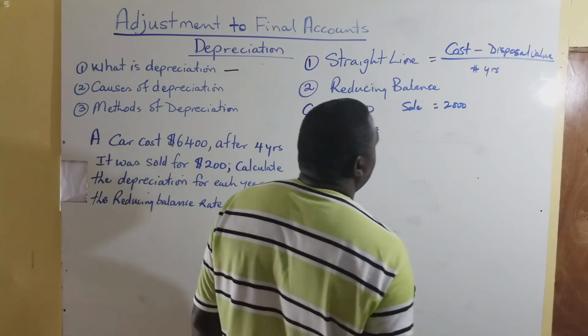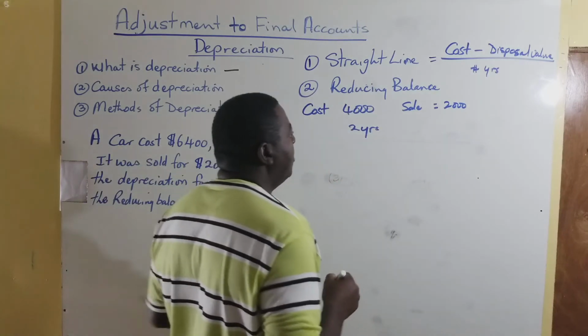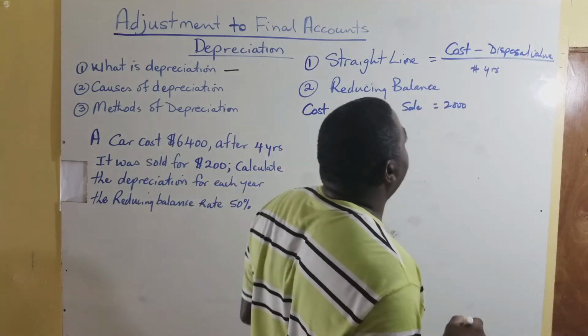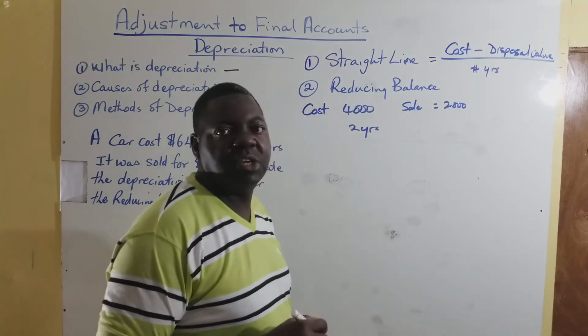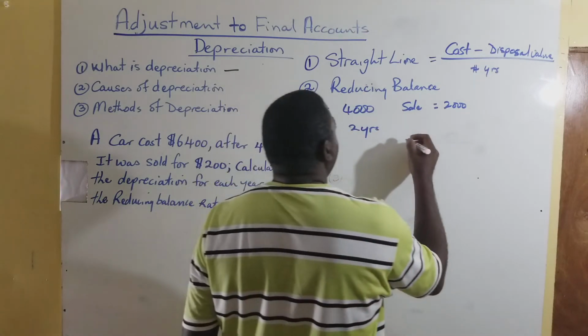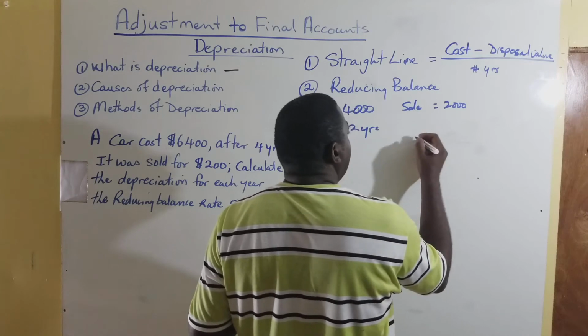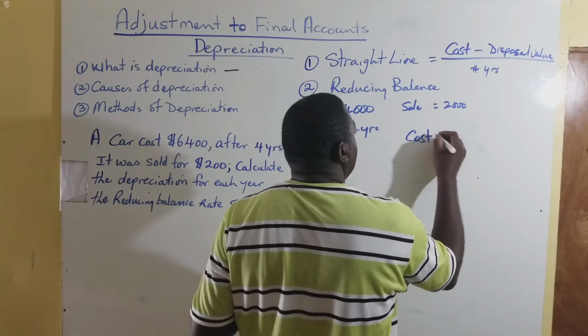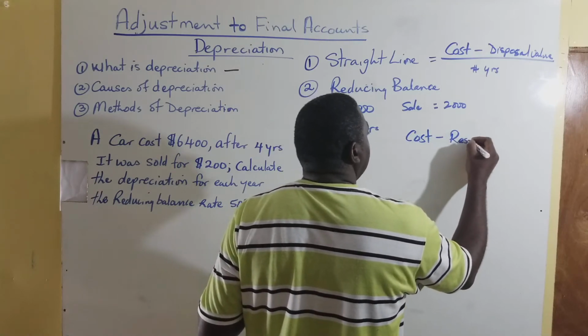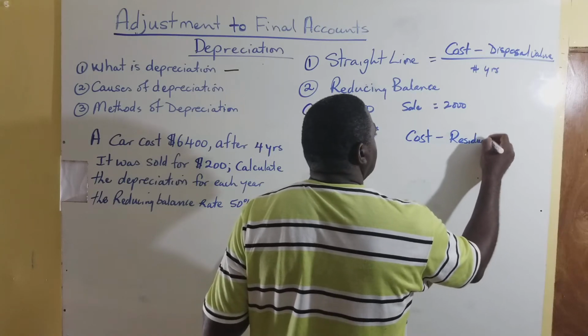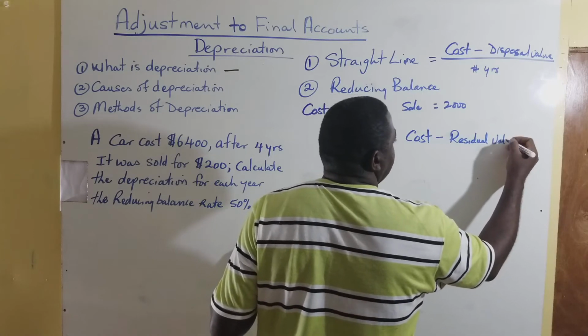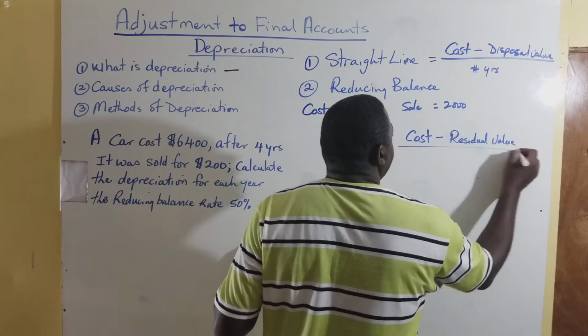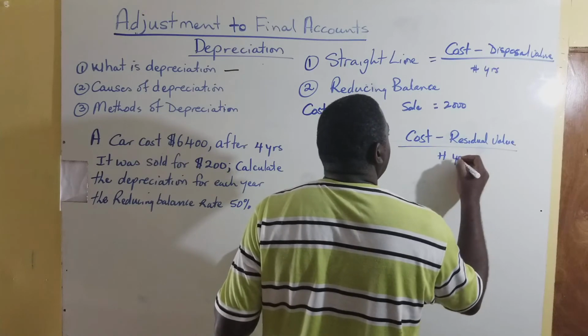Now we can plug in the values to find the cost of the depreciation for each year. Rewriting the formula: cost minus residual value or disposal value, divided by the number of years.